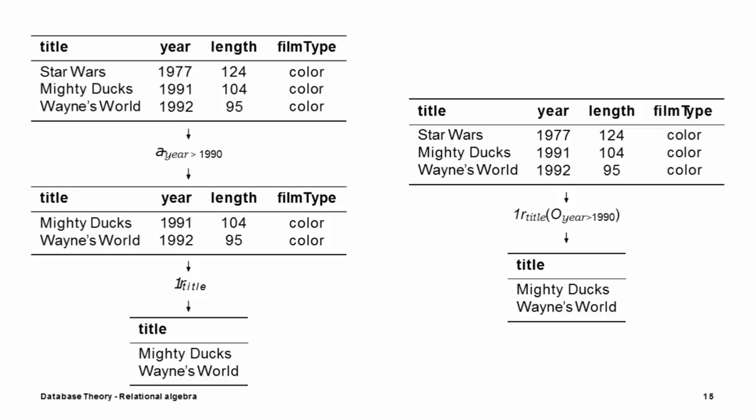So Star Wars is removed, it doesn't meet that condition, but Mighty Ducks and Wayne's World do. And then we send that schema over to the other operator, which was the projection, and we are returned title. If you have a look at the right-hand side of the slide, you see that that's the shorthand of it. It's the same thing.